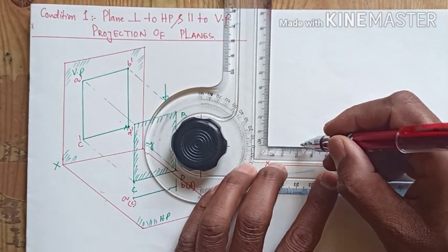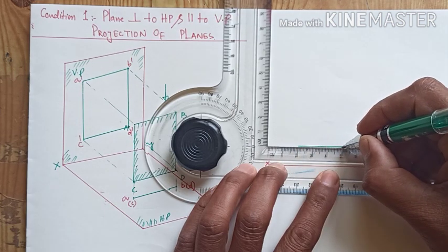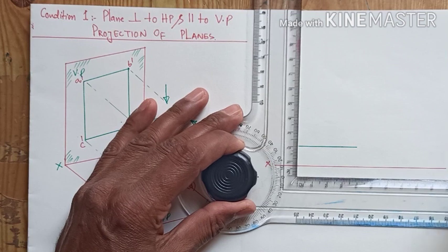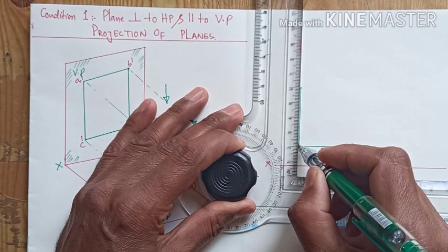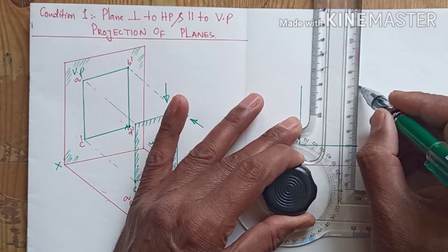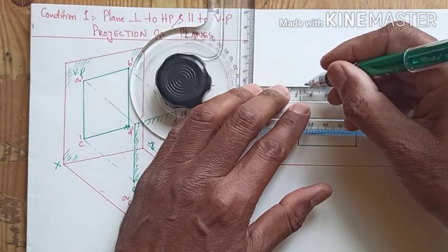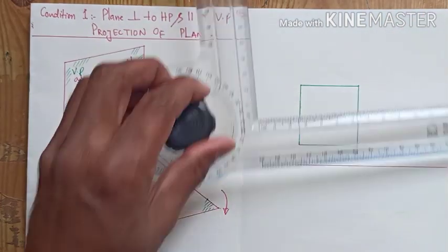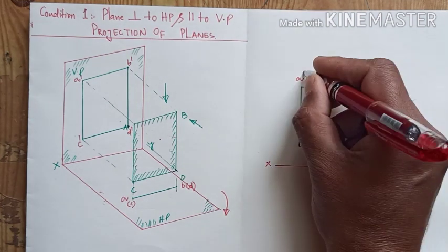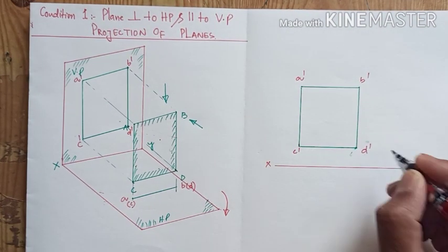As it will be seen as a full rectangle, this is my A prime, this is my B prime, this is my C prime, and this is my D prime.